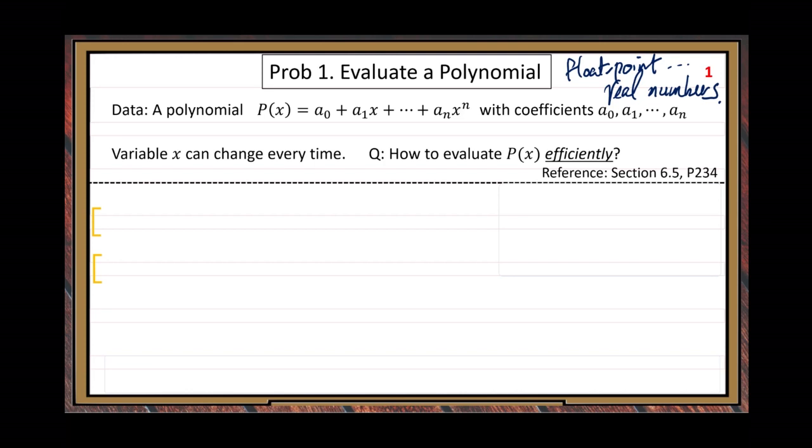But our main focus in this question is, we want to find it efficiently. That means the response time, the performance, are very important.